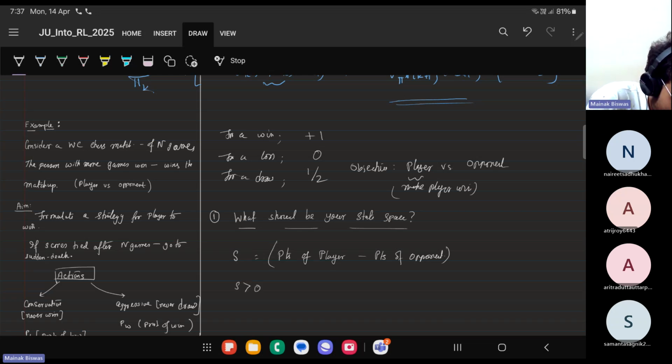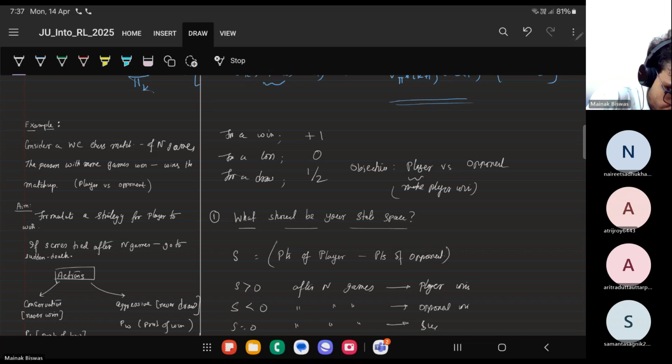If S is greater than 0 after n games, the player wins. S less than 0 after n games, the opponent wins. S equal to 0 after n games, sudden death. Is this fine?